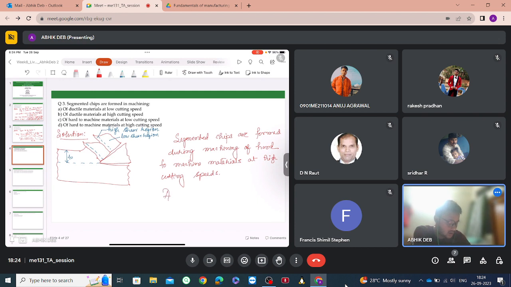So the correct option is option D, hard to machine materials at high cutting speed.